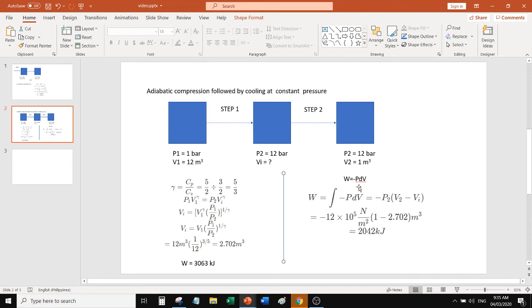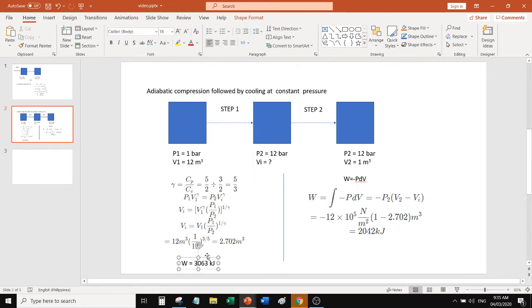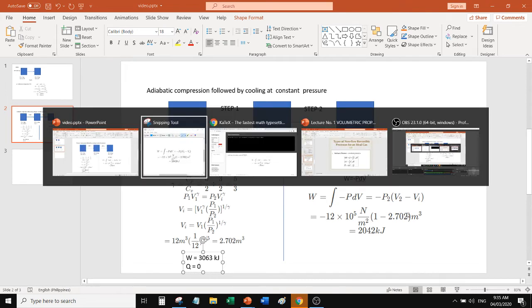Okay, what would be our Q? So by the way, what is Q in step 1? Since it's an adiabatic process, Q is 0 in step 1. How about Q in step 2?